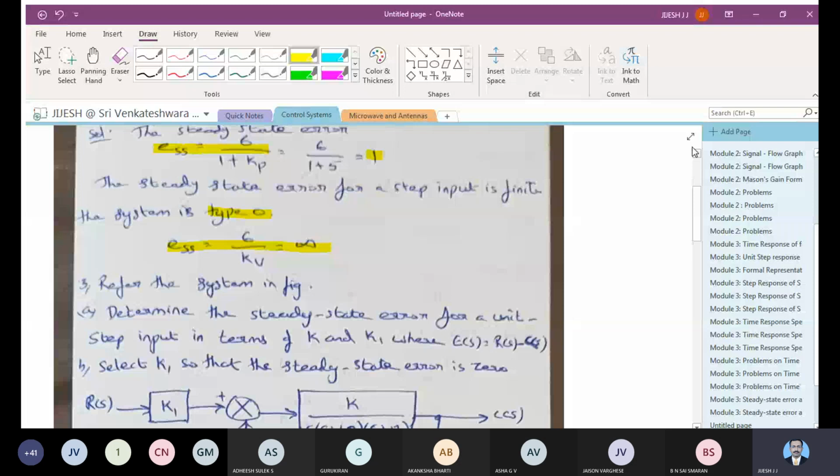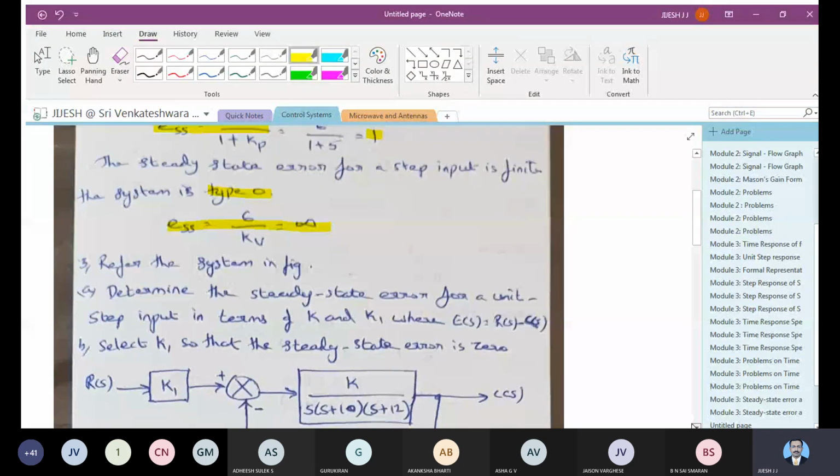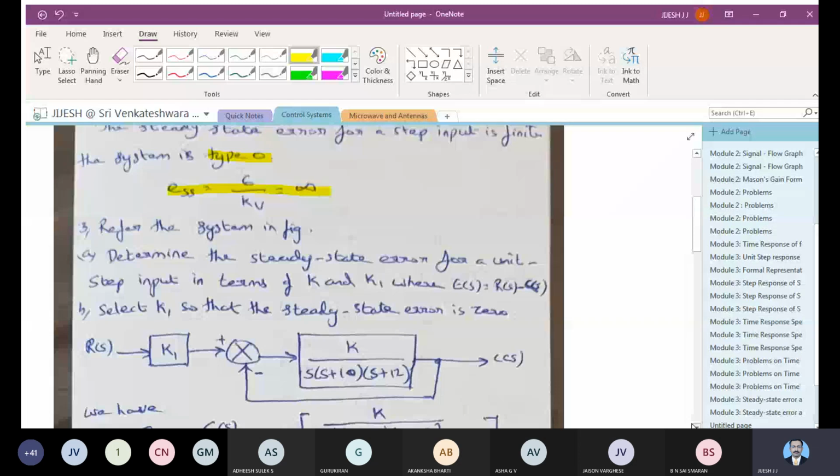So these are the two parts of that problem, and they have given G of S, and where K1 and K are located, all those things are shown in the figure. So we'll be going with the transfer function process, and then we'll be simplifying it further.